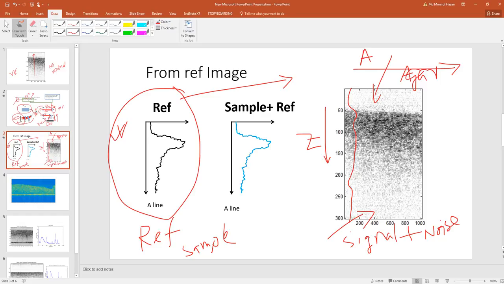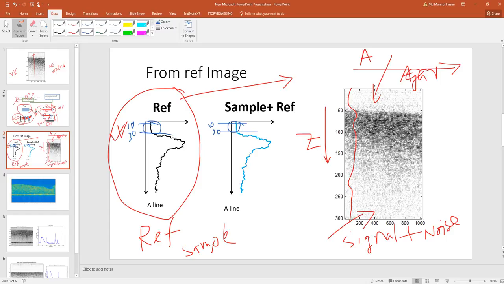One way to adjust for that is to select a certain range of A lines. Say, in the reference arm we select A lines 10 to 30. We select the similar region in the sample arm, 10 to 30, and calculate the average intensity here. We also calculate the average intensity there.